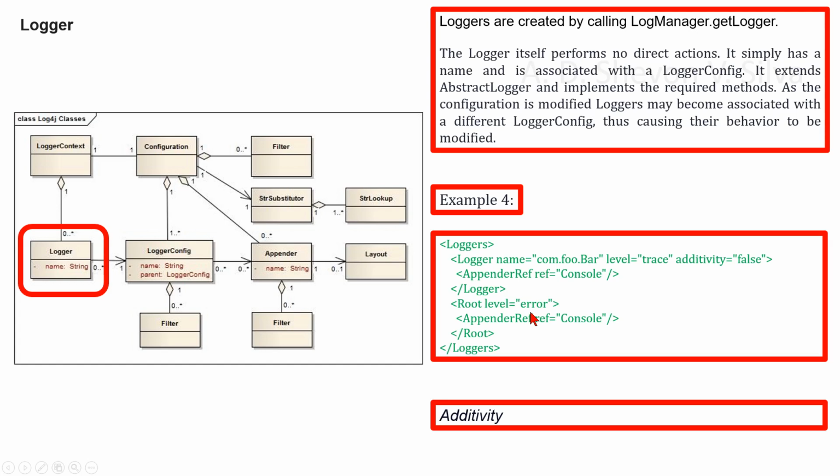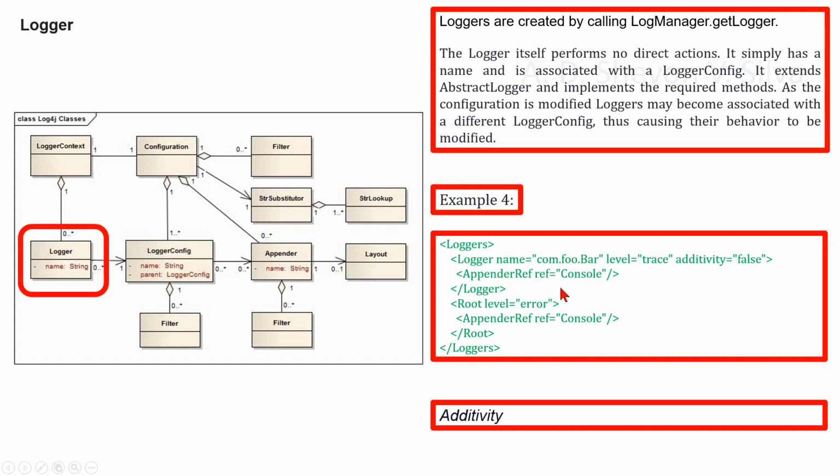Here all the events from the com.foo.bar logger were still written to the console. This is because the logger for com.foo.bar did not have any appenders configured, while its parent did. Oh, here there are appenders, sorry.